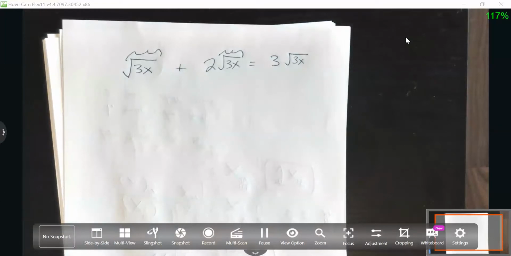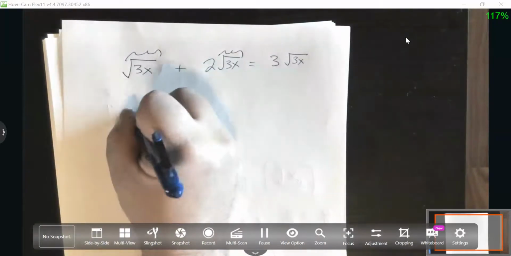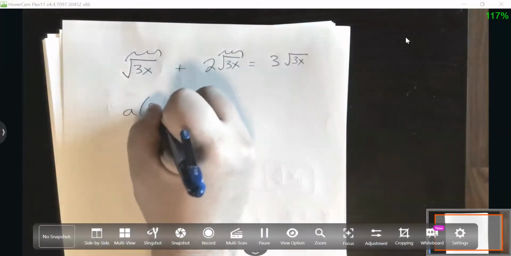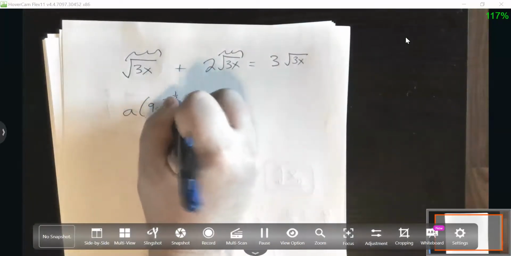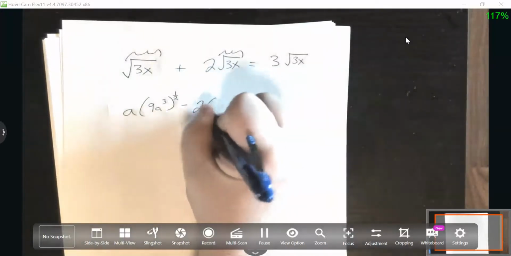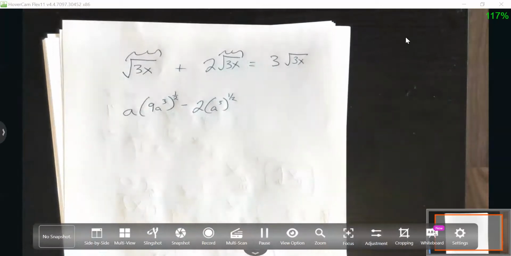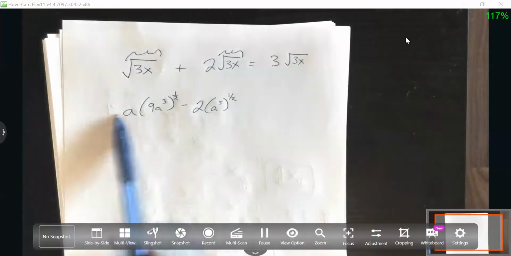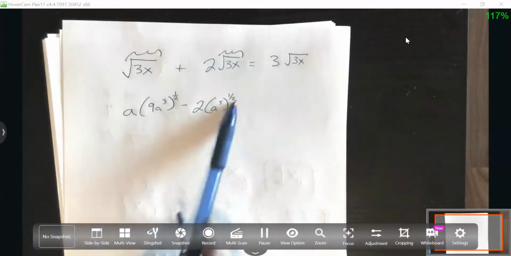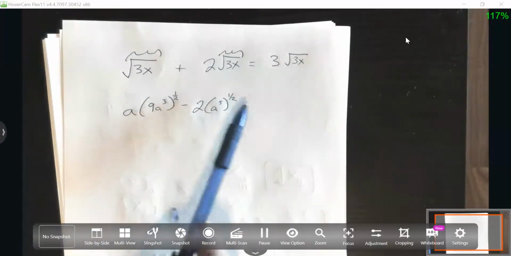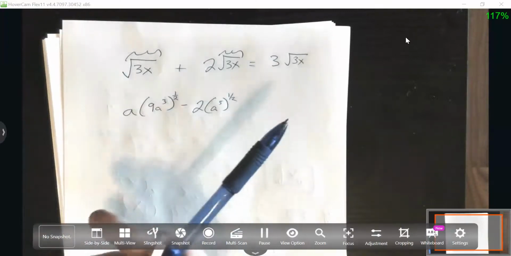So let's look at a little bit uglier example, where maybe we're not sure if it's like terms at first. So let's look at a times the square root of 9a cubed, which is (9a cubed) to the 1/2, minus 2 times a to the 5th to the 1/2. Initially we look at it, we have grouping symbols, we have different powers, they're all a's, but we have different combinations, so they're not like terms when we first look at it.